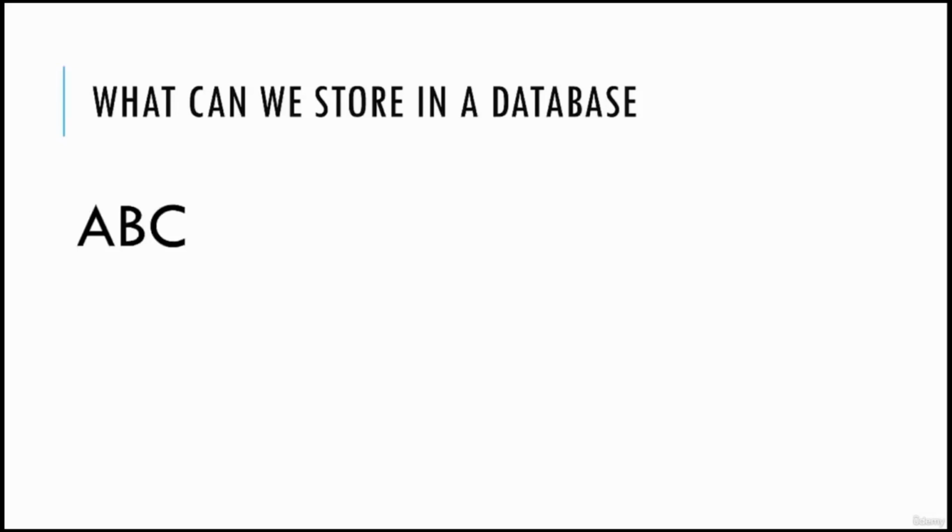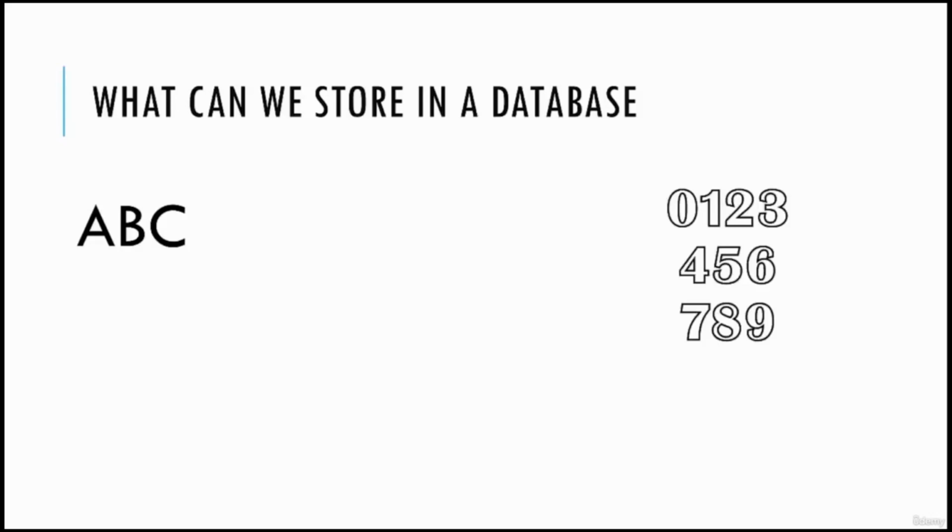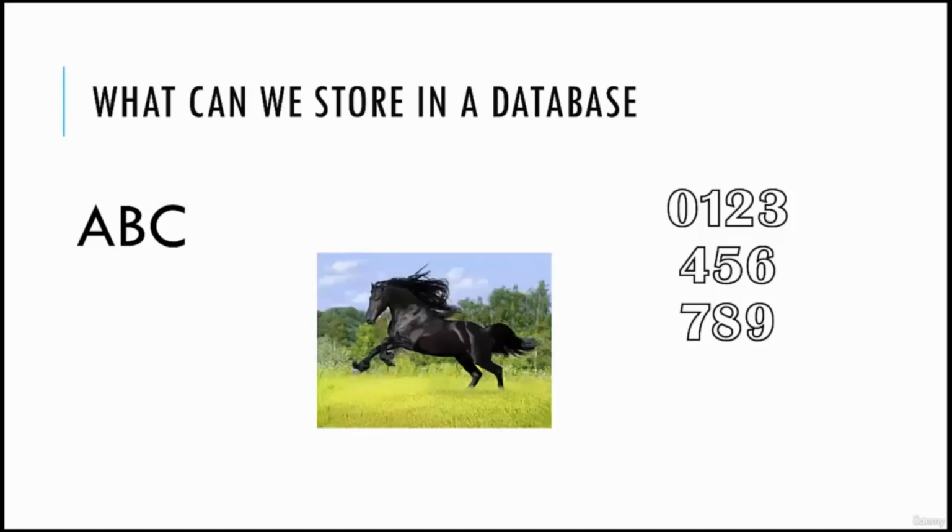First is text, right? You saw in our previous slide that you stored your first name, last name, etc. So basically you can store text. You can store numbers. We saw the booking amounts, gross amounts, right? So you can store numbers, decimals, stuff like that. Images, of course, there are various ways to store this in binary format and so on and so forth.